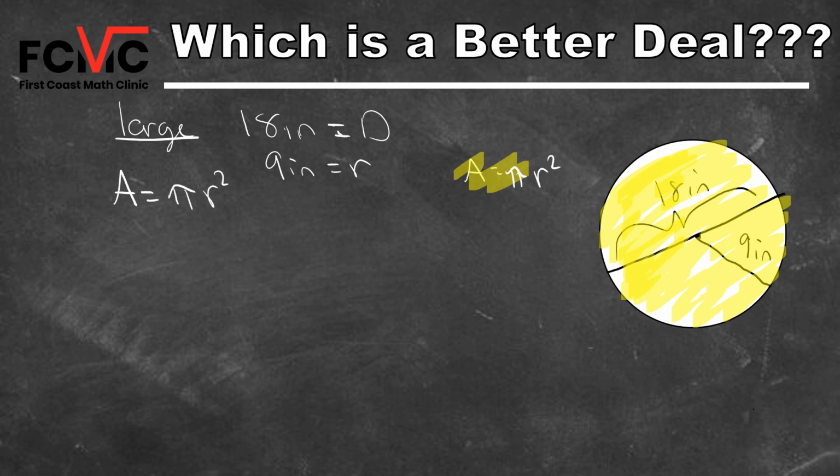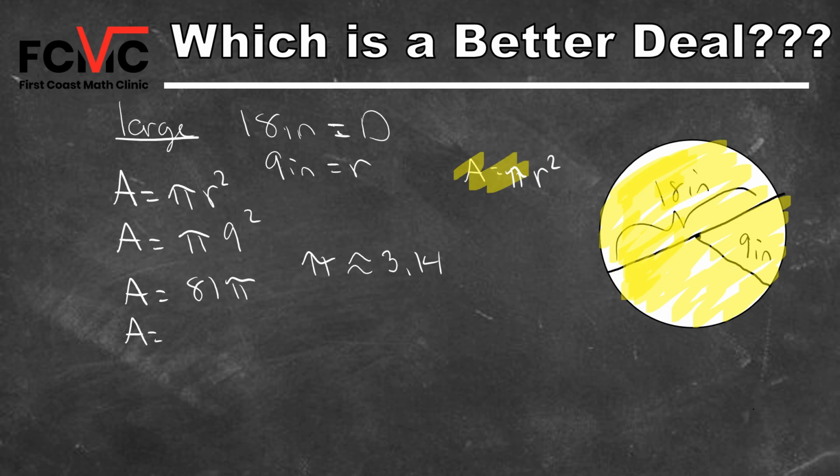So using our area formula, pi r squared, with our radius of 9, we're going to have pi times 9 to the second power, and then 81 times pi. And I want to get an approximate value, so let's use 3.14 for pi. So we'll do 81 times 3.14.